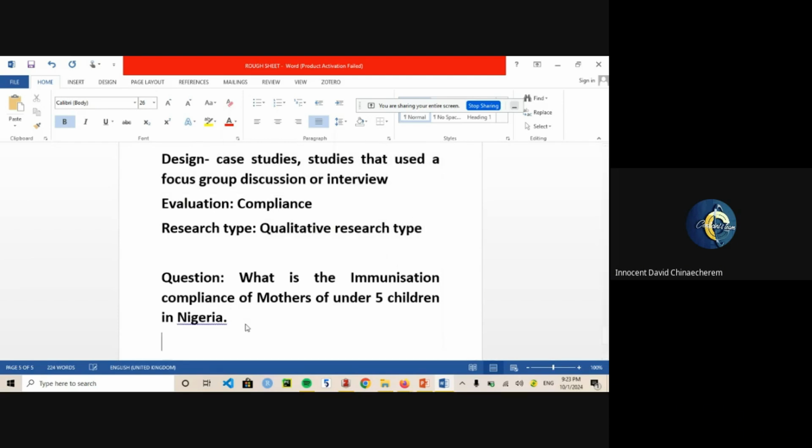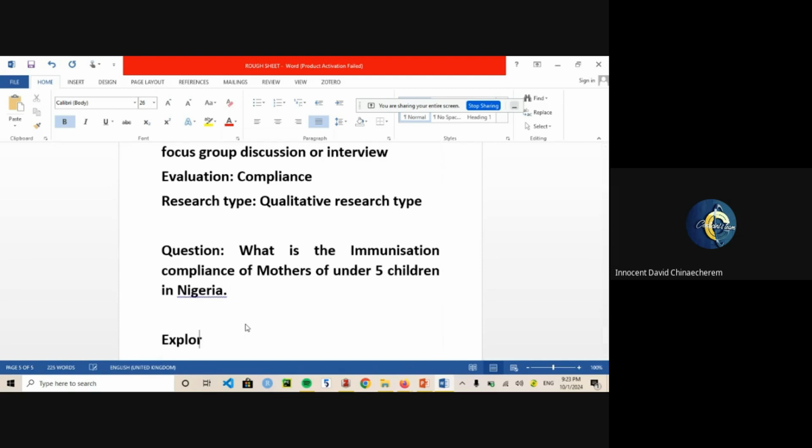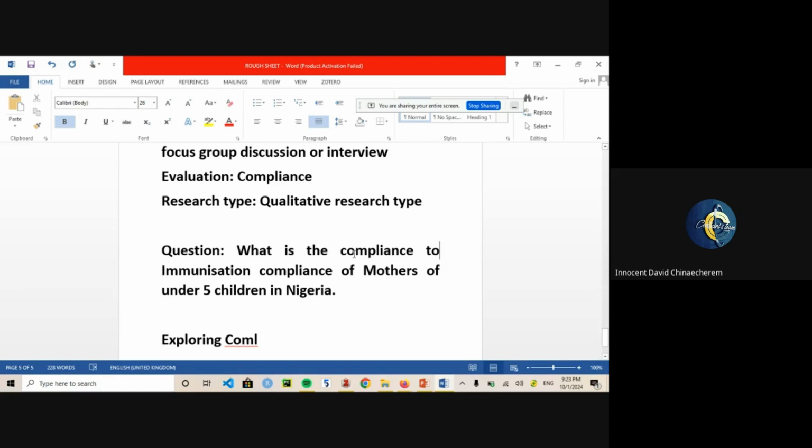So if you want to put it as a topic, we could say exploring immunization, or exploring, or we can say this as compliance. Leave it this way.